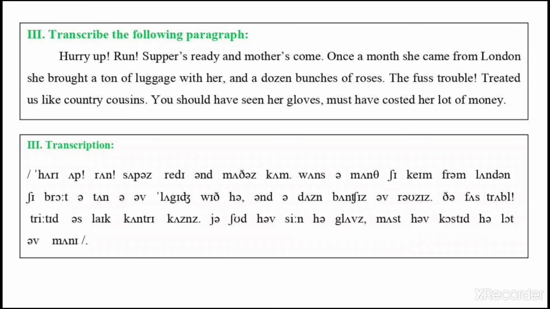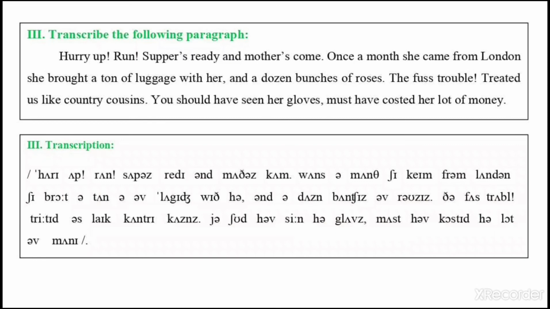bunches. So b, and then ch. Short E, z. Bunches of roses. Of schwa, v. Roses. So r, diphthong o, and z is at the end. Roses. Full stop.